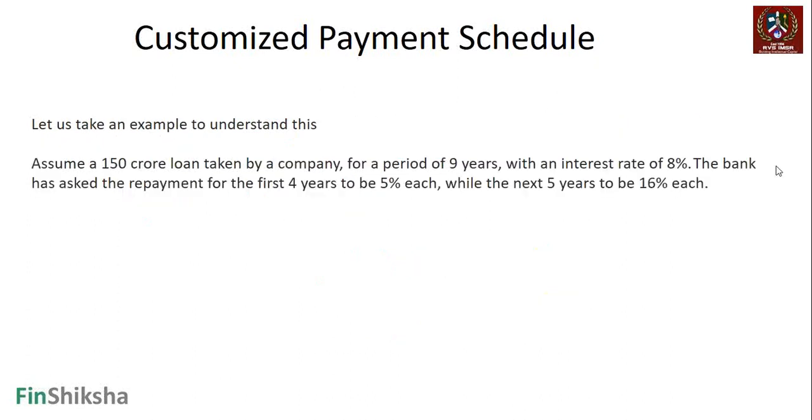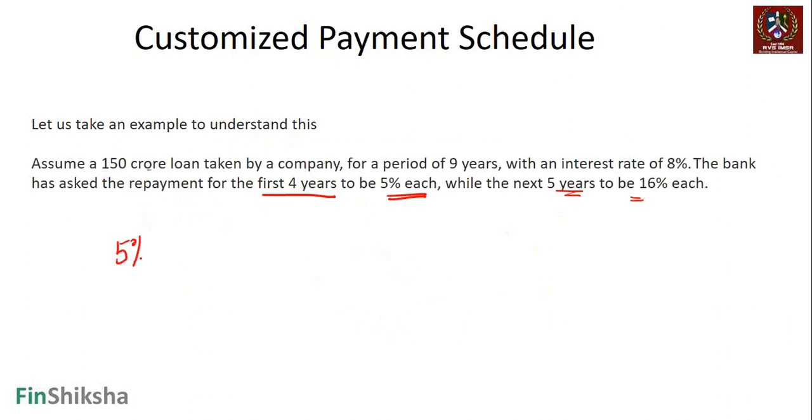Now let's look at what the scenario is. So the same example: 150 crore loan taken, 9 years, interest rate 8%. Now the bank has asked for the first 4 years to be 5% repayment of the principal, and the next 5 years 16%.